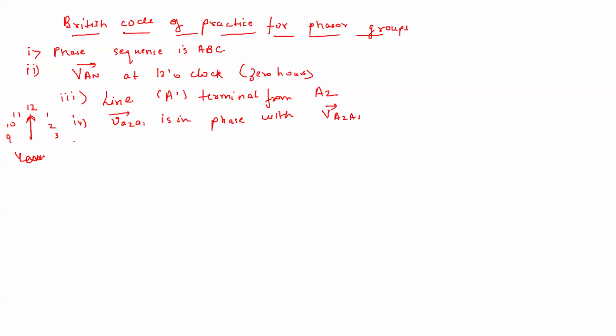Now another thing which I want to write is the various phasor groups. Here we have group 1, which we will be calling the 0-degree group. Now what is in this 0 degree? We will be having Y0, D0.